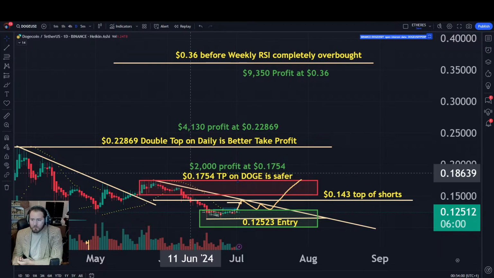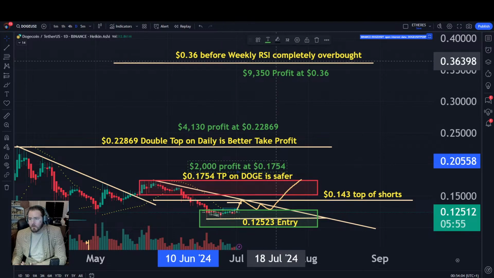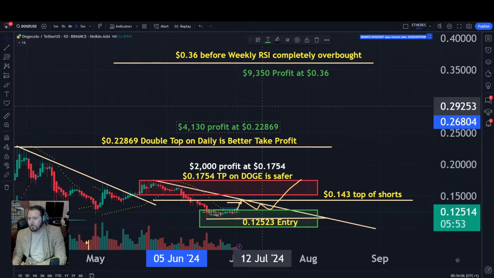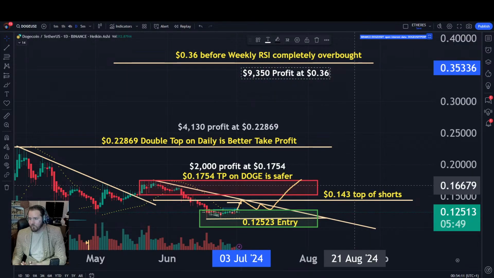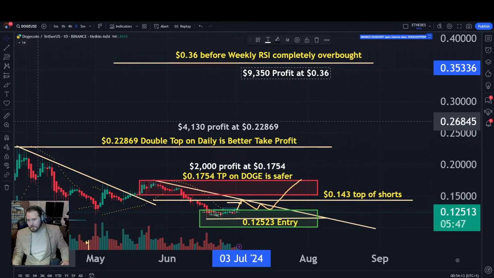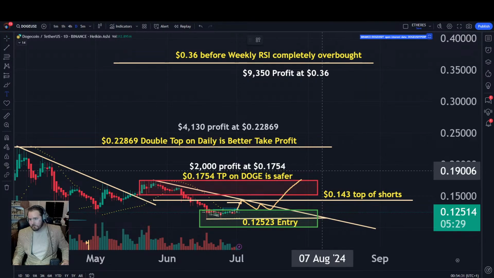If I want to put my minimum take profit, I'm risking $500 for $2,000 at the minimum. And at 14.3, top of shorts, let's do the math here. That'd be about 14%, so 14.189 times 50. That'd be about $709.